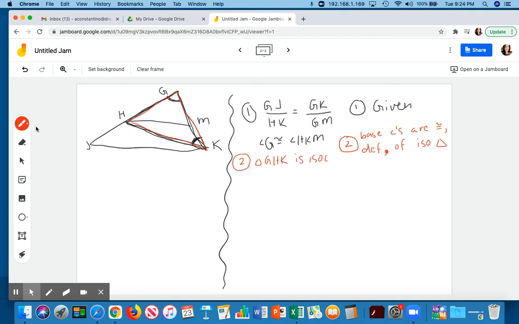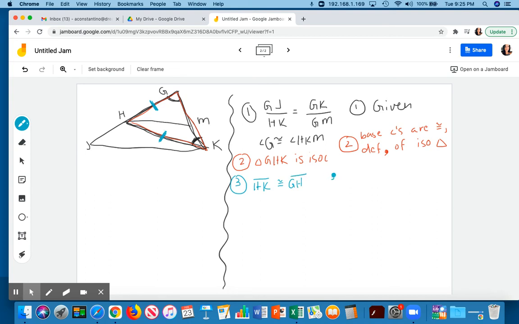All right, then, so I'll get another color. We go with the isosceles triangle thing. So we know that if these two base angles are the same, then this leg and this leg of this isosceles triangle are also congruent. So that's our next step. So we go step 3, and we can say line segment HK is congruent to line segment GH.